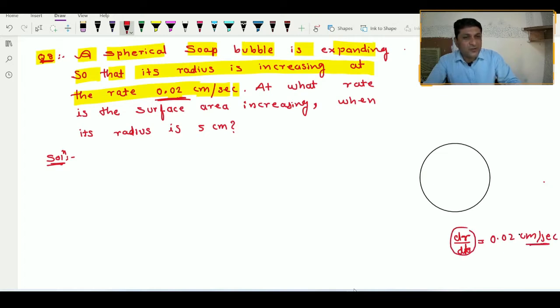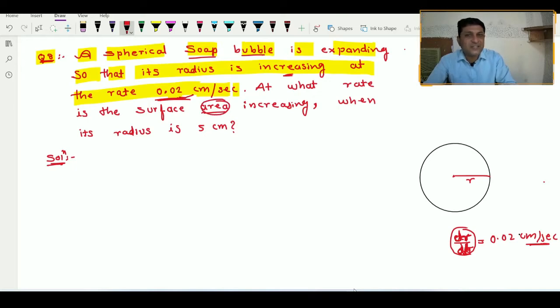Derivative means what? Rate of change of one quantity with respect to another quantity. Here dr by dt means the radius is changing, and here the change is increasing. If the radius is increasing, then definitely for the sphere, the area is also increasing and the volume is also increasing. But our example is related to area.